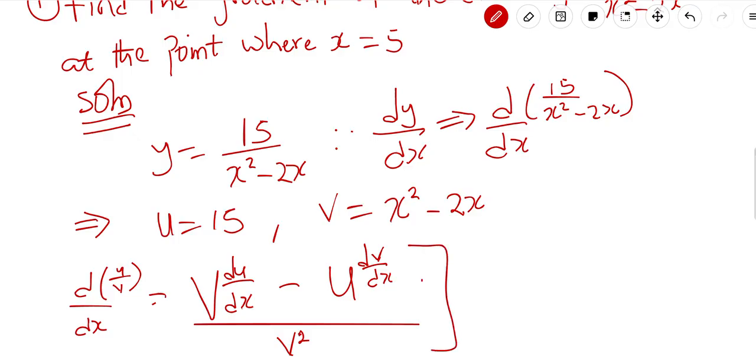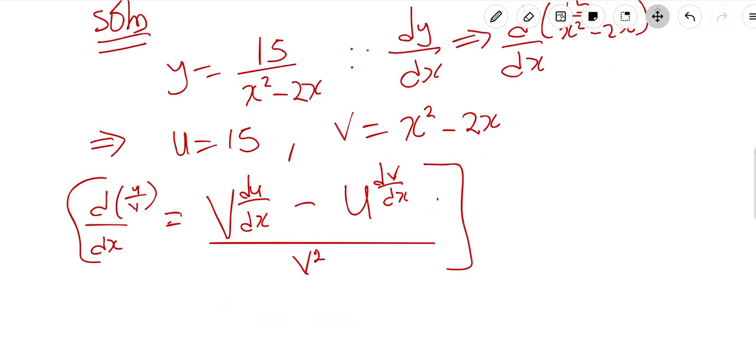Recall this is the quotient rule. And in this case, we know what our v is, we know what our u is, but we don't know what our du/dx and dv/dx is. So pretty simple, we just need to find du over dx.